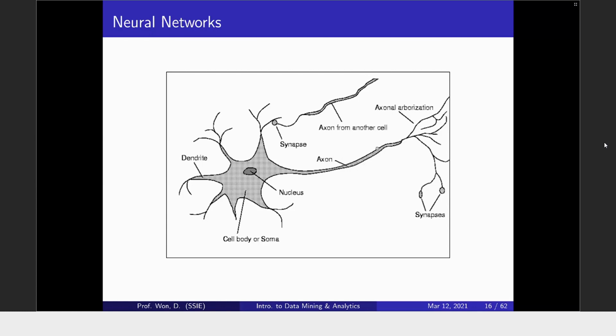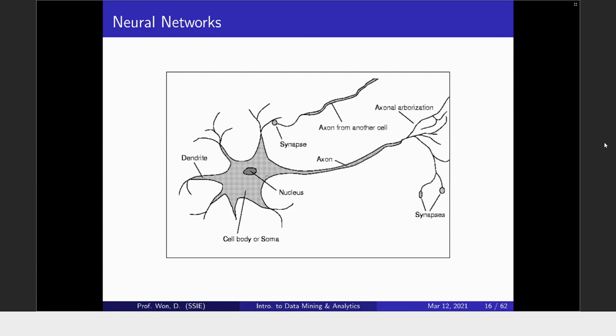Then this synapse, and this synapse from this synapse, right? The biochemical electrical information is going through this synapse, and then gives some activations in the neurons.